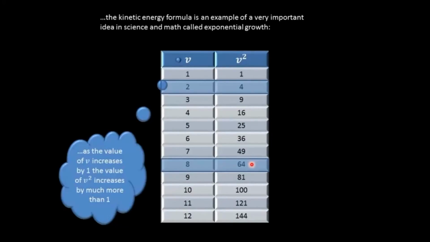Notice how much larger v squared is in the second collision versus the first collision. 64 is 16 times larger than 4. The second collision was 16 times more severe than the first collision.